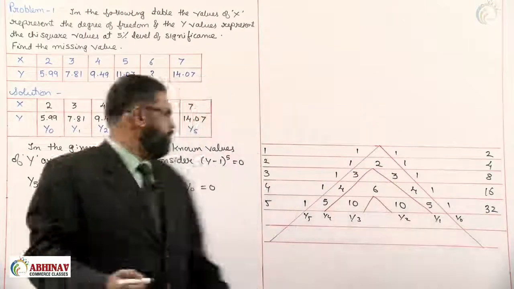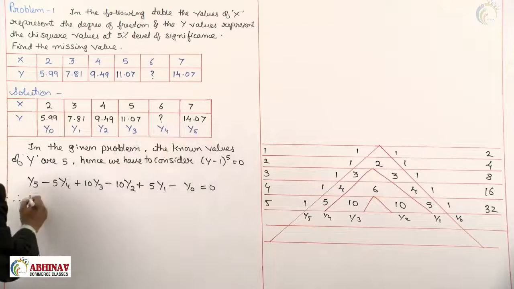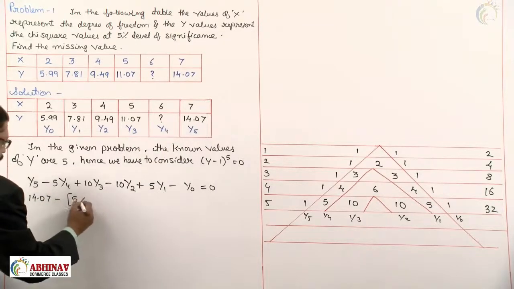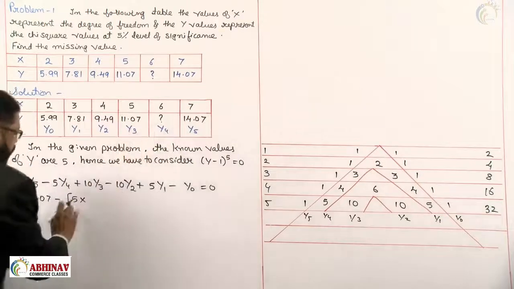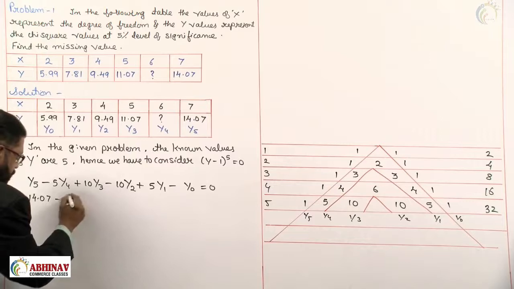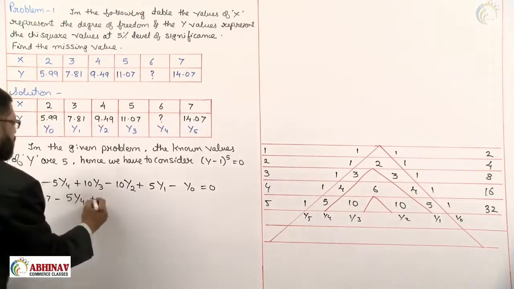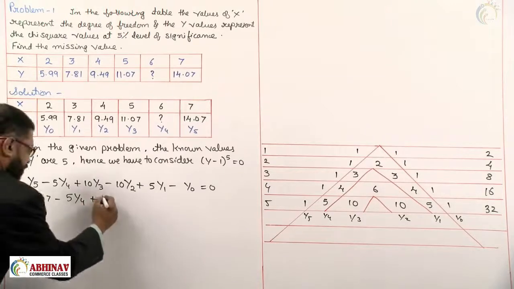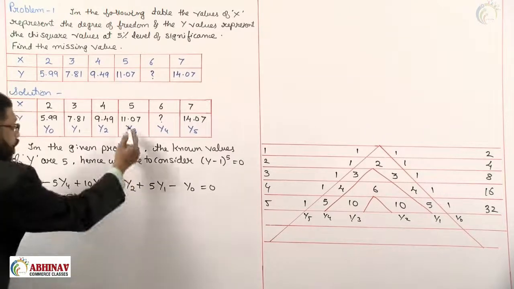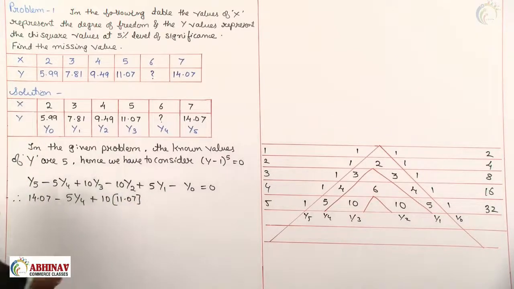Let's see. y5 is 14.07, minus 5 into y4. y4 we don't have, so keep it as 5y4, plus 10 into y3. y3 is 11.07.